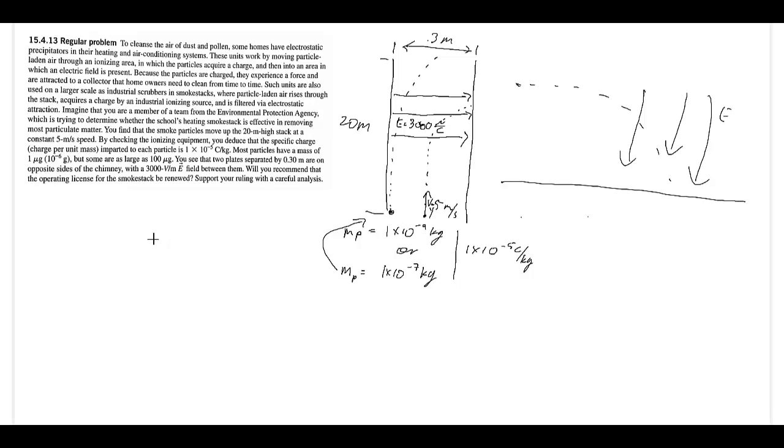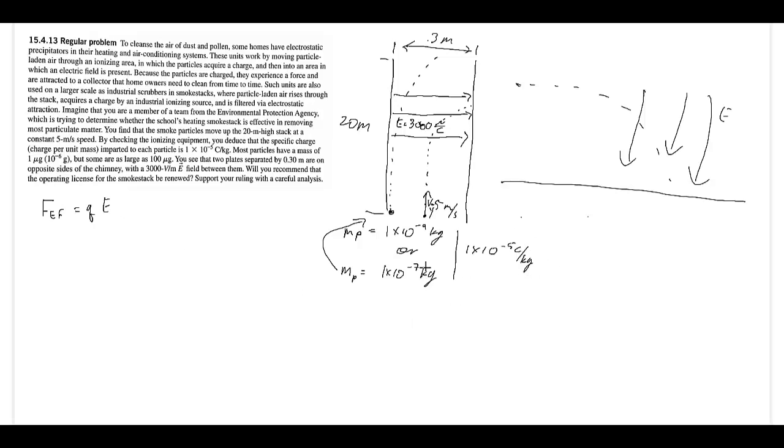So let's start with the force that is being exerted on this particle. We know that the force of the E field on the particle is going to be Q times the E field strength. And we remember this is not Q, this is the charge per kilogram.